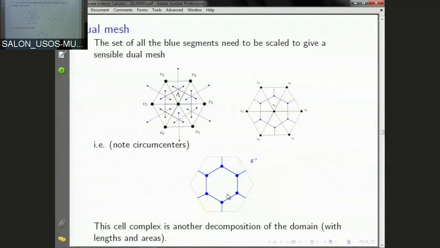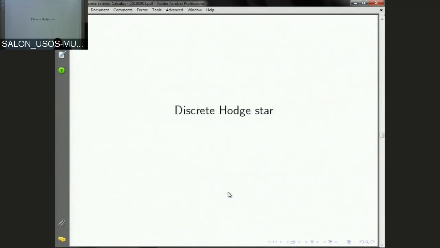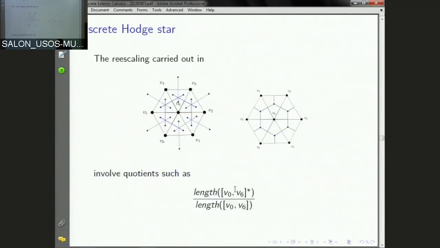Now this object will help me accomplish the discretization of the Hodge star. In fact, I already did it. Let me remind you, the Hodge star, again, for a segment tells me how to complete it to a square, positively oriented. Okay?